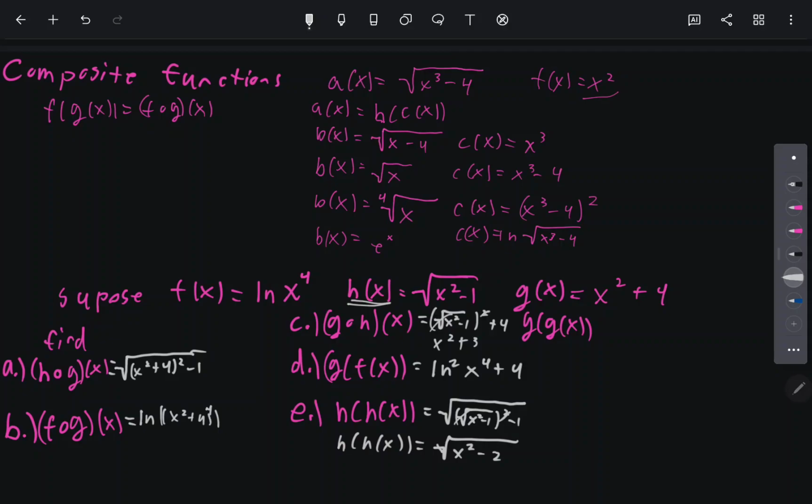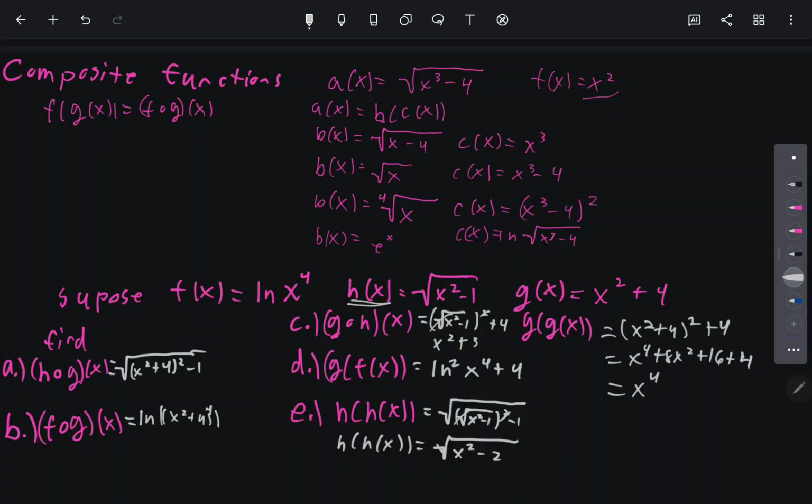And now let's do the same thing for g of x. So that is going to be x squared plus 4, squared, plus 4. Now, if you want to expand that out, you can. It would be x to the power of 4 plus 8x squared plus 16 plus 4.